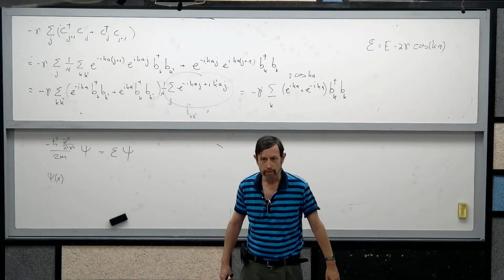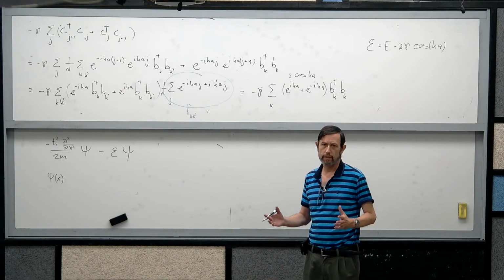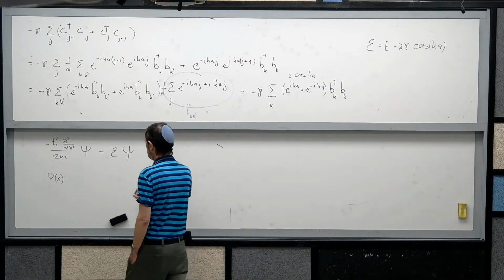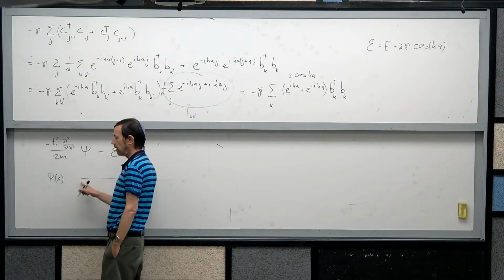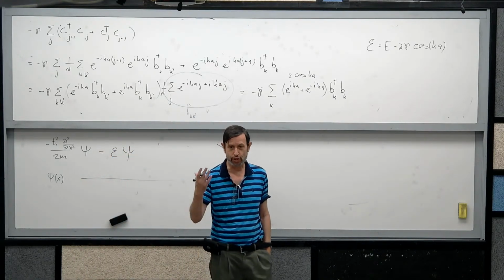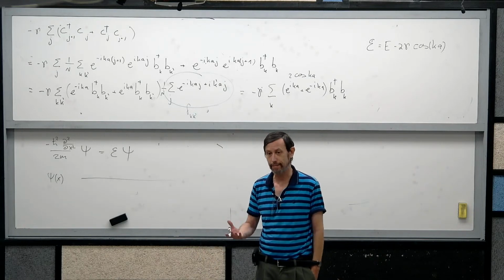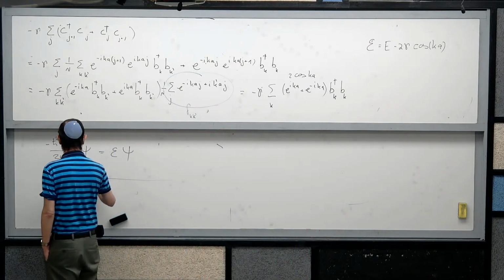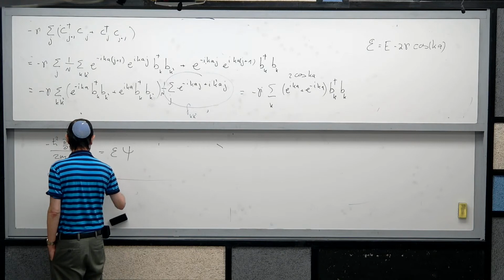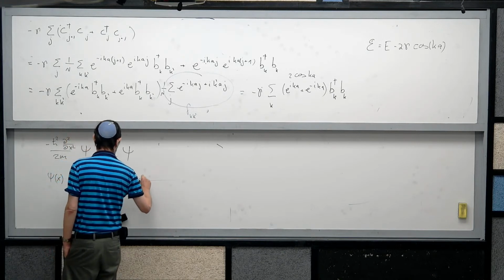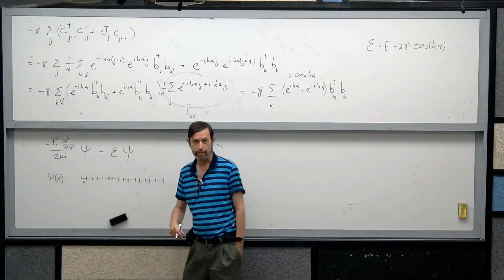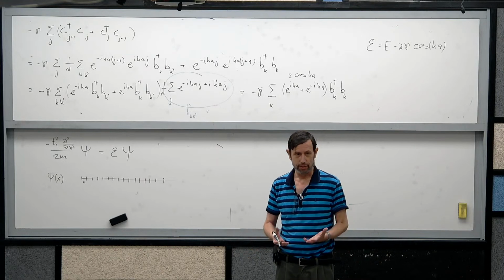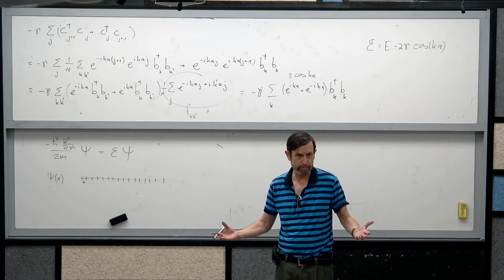So what do I do? I'll take my continuum, and instead of keeping a value at each value of x, which I can't because it's infinite, I'll break it up into chunks of size a, and for each such chunk, I'll keep a value of psi there.